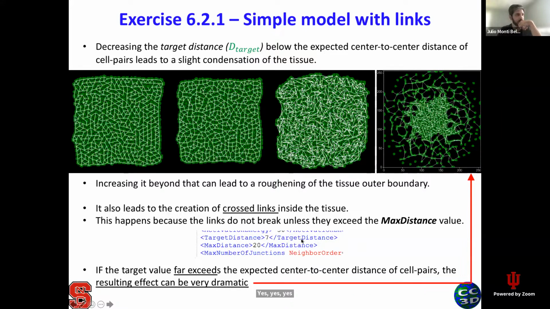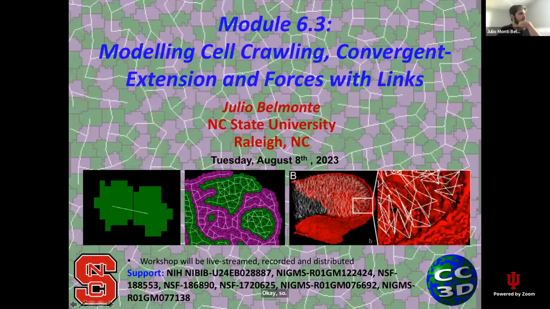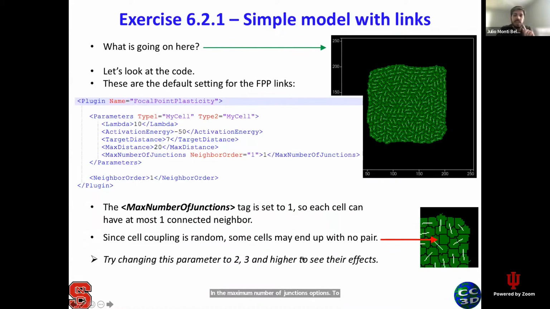So this is where we were before, right? At the end of the last module, we did a simple model with links, where we just set up the simulation, and you got a solution with a single link between the cells, because we put the maximum number of junctions option to be 1. And then the last thing we did, we changed this parameter from 1 to 2, 3, and higher.